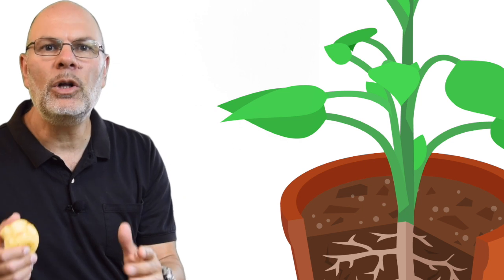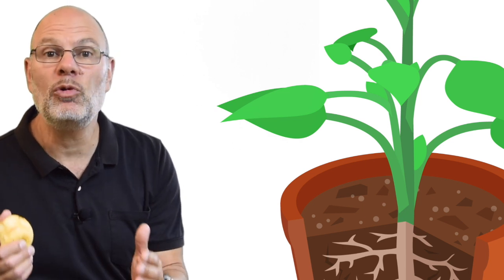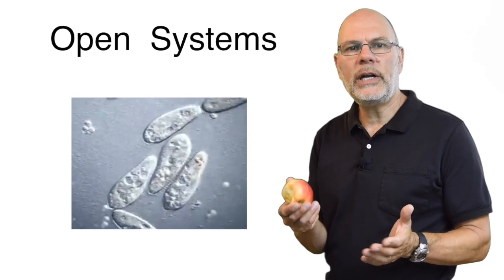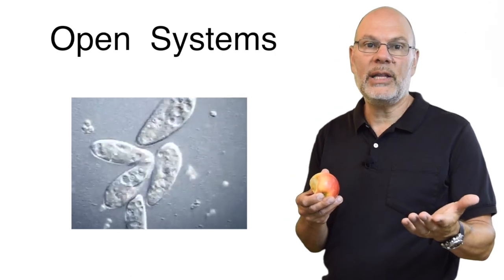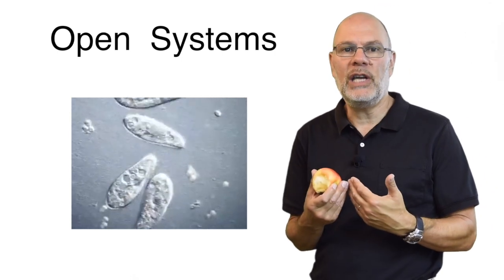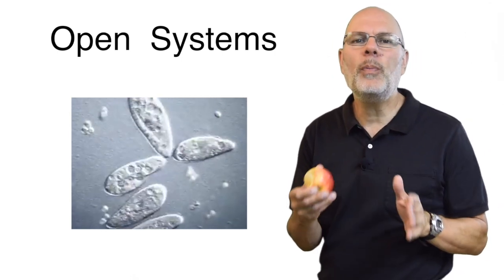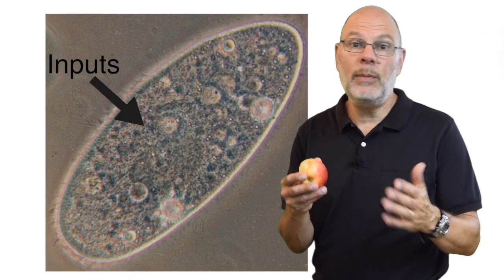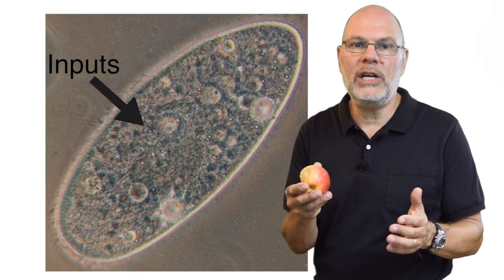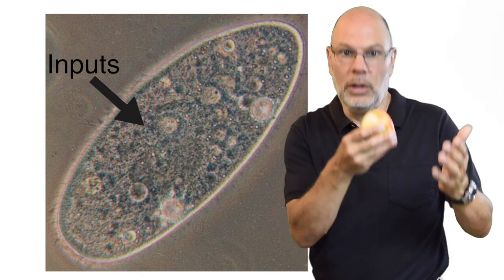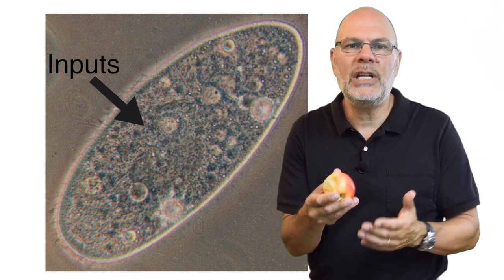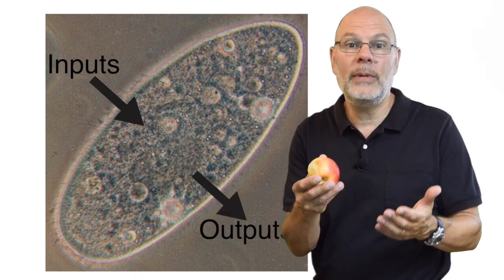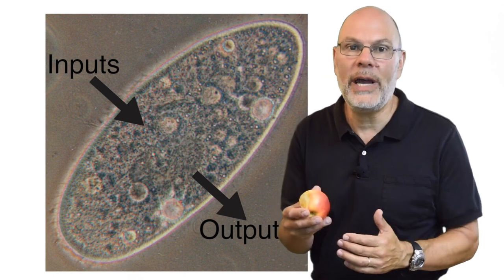At every level, new properties emerge as the system grows more complex. Organisms, whether they're made of one cell like this paramecium or trillions of cells like you and me, are open systems. That means that they have inputs and outputs. The inputs, in terms of cellular respiration, are things like fuel, food, and oxygen. The outputs are things like carbon dioxide, water, and other wastes.